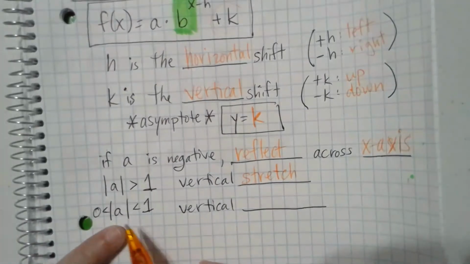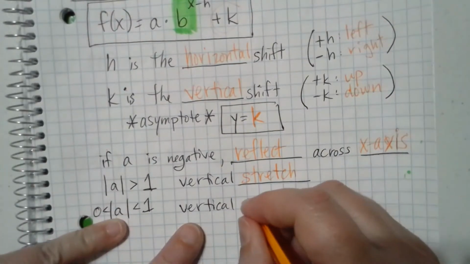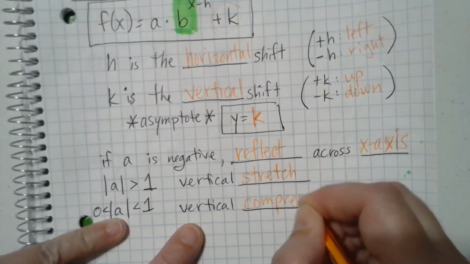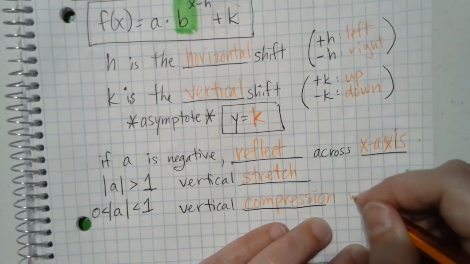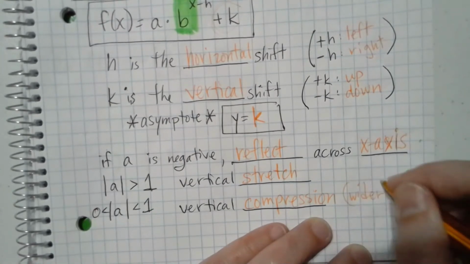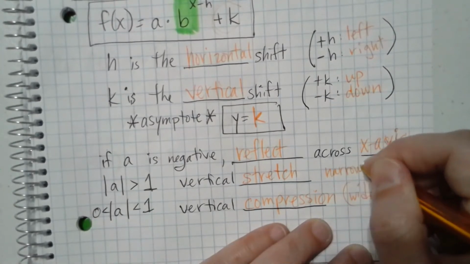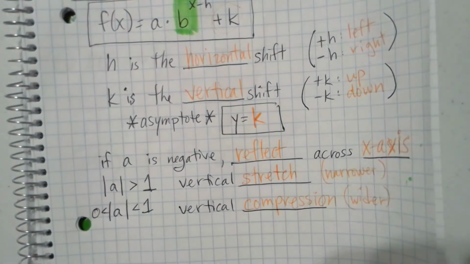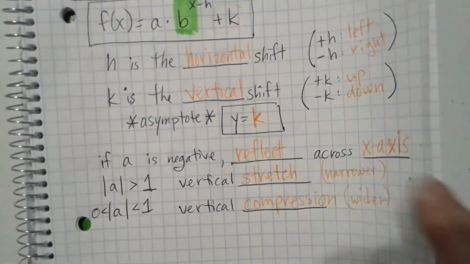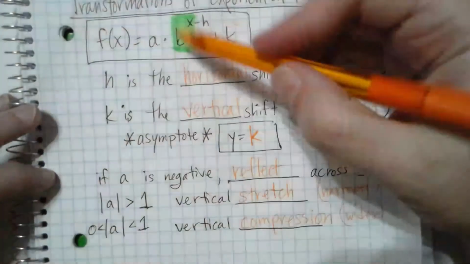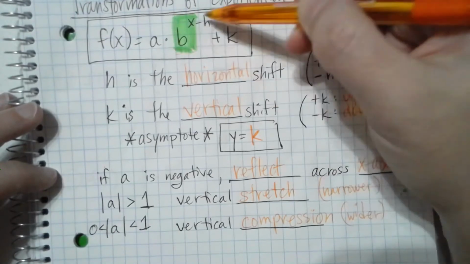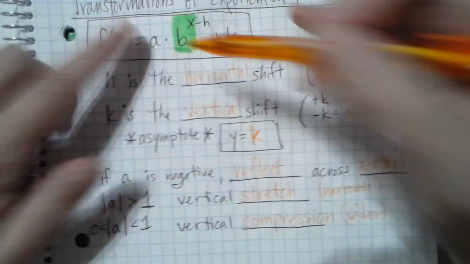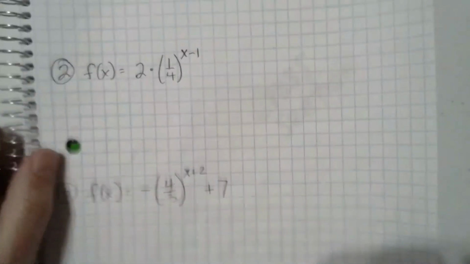And if A is less than 1, it is going to be a vertical compression, which means it makes it look wider. This is going to make it look narrower. So we're going to start here with our parent function, and then we're going to see what happens to it from there. Okay, so we just have a couple examples to go through.